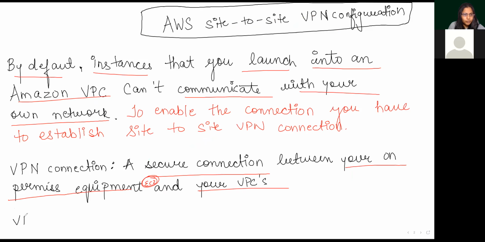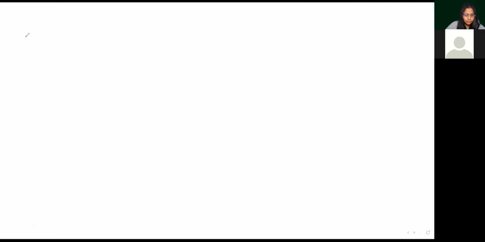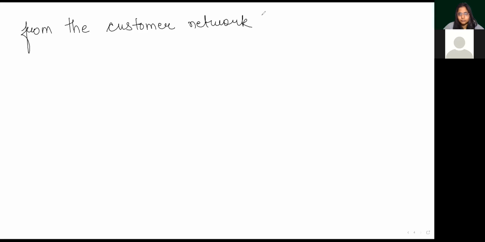Then a VPN tunnel is an encrypted link where data can pass from the customer network to or from AWS.